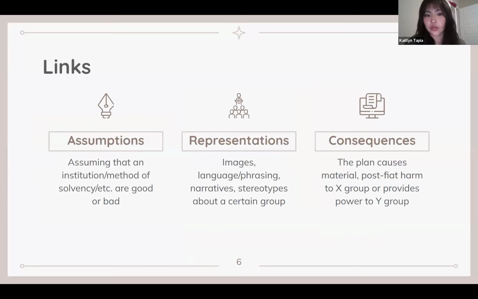So there are three main categories of links for a critique. The first is assumptions, and assumptions can be conceptualized as a kind of presupposition that the 1AC has about the world.